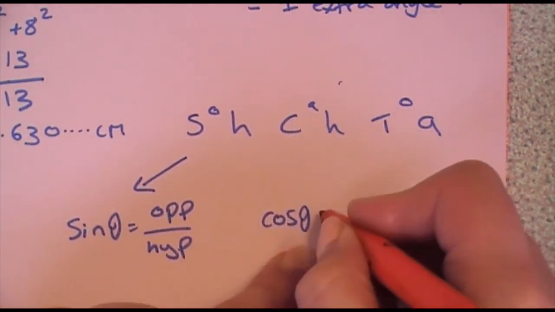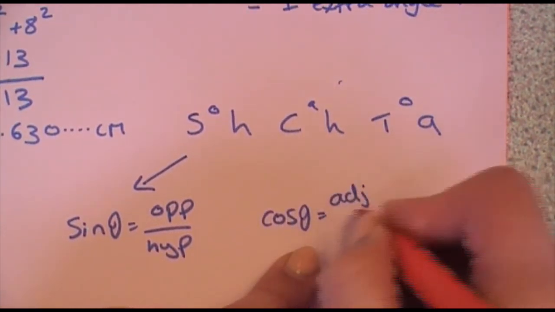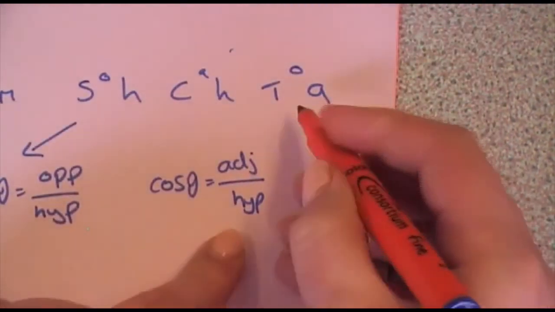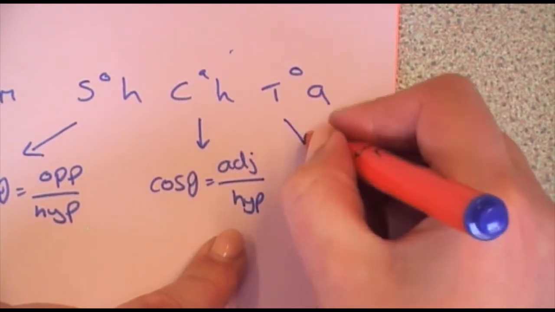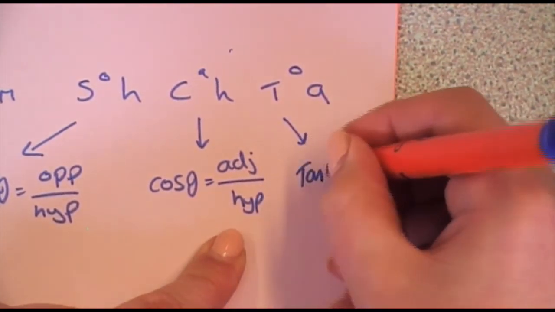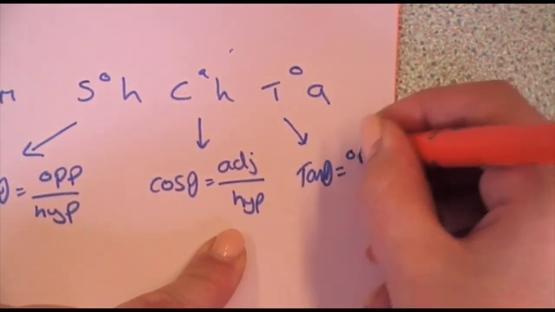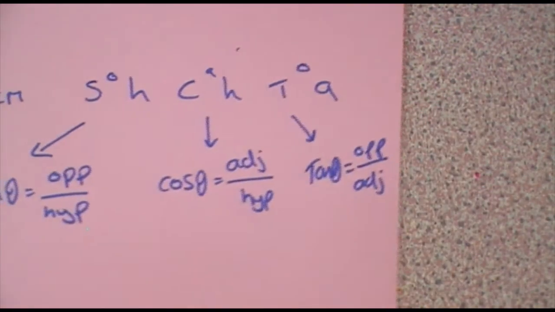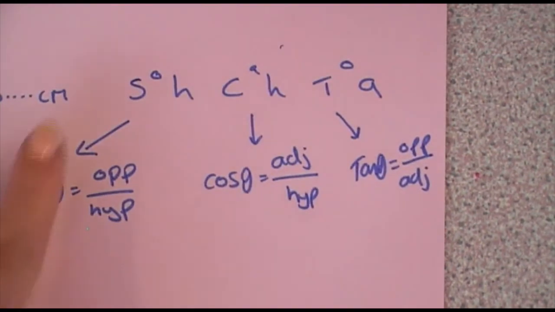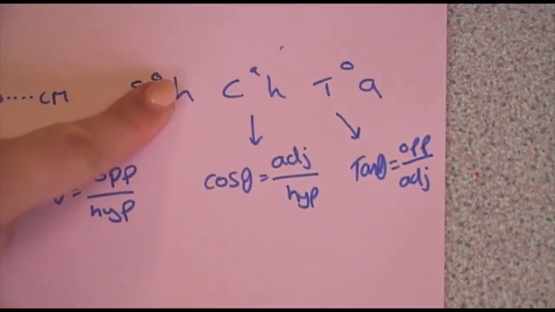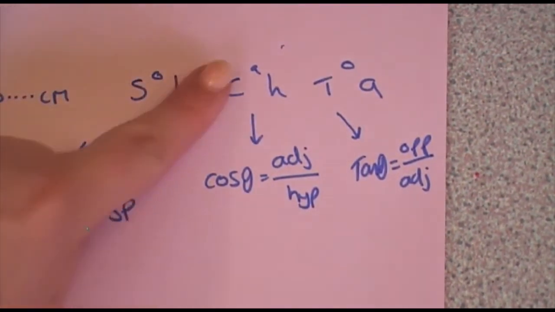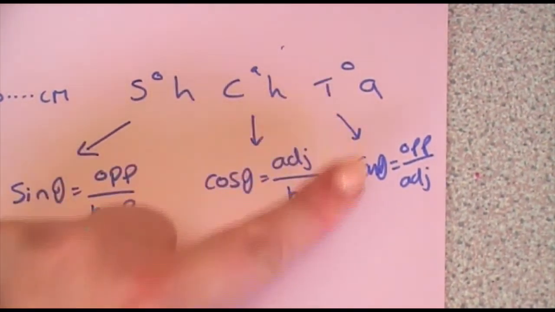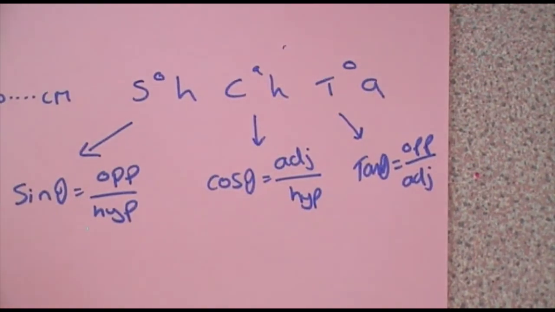Here it's cos of the angle equals the adjacent over the hypotenuse. And this one is tan theta equals the opposite over the adjacent. That's what they mean. If you've got the opposite and the hypotenuse in use, you use sine. If you've got the adjacent and the hypotenuse, you use cos. Opposite and adjacent is tan.